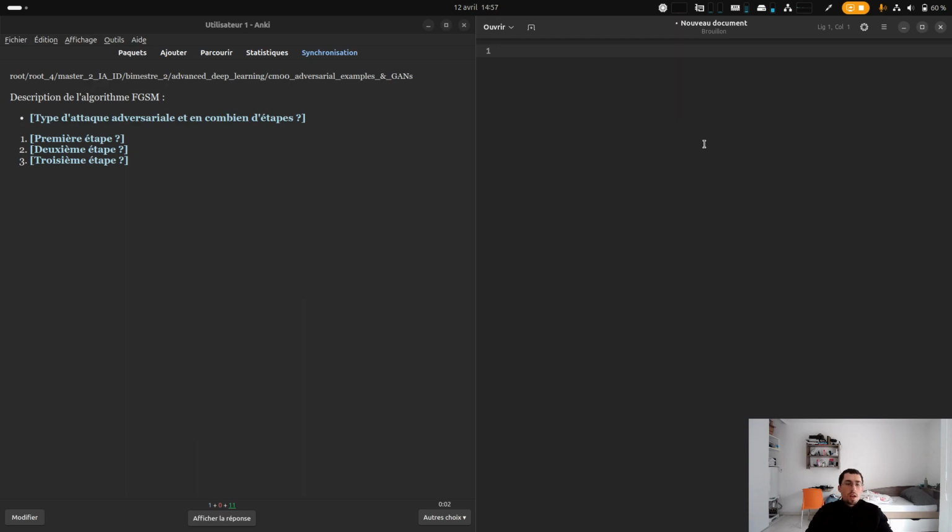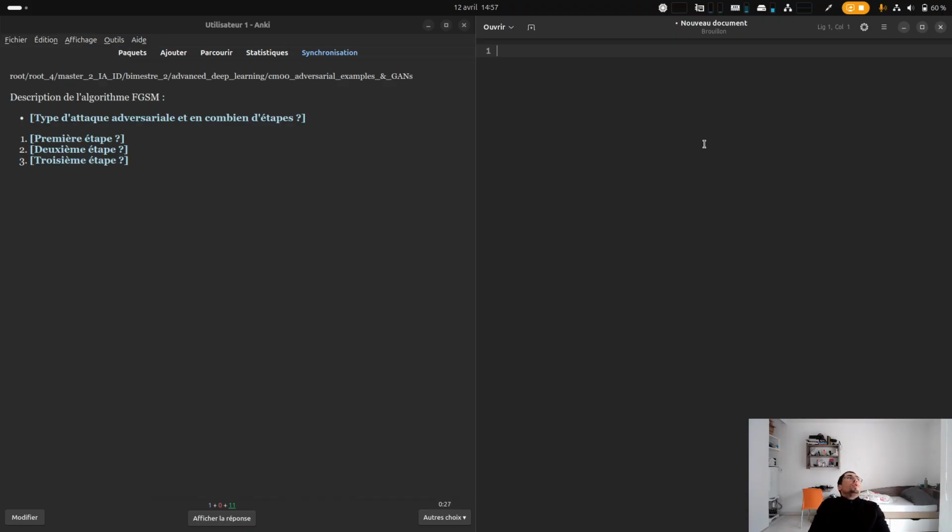Anyway, so that's the one-step non-targeted attack. First step, you retrieve the gradient of the prediction loss compared to the image.